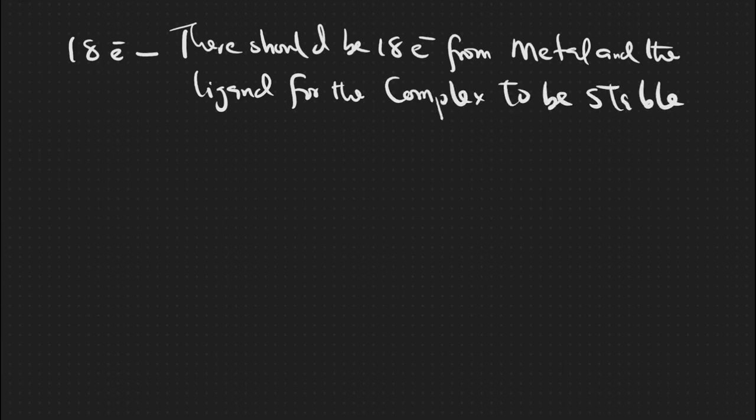So in order for the complex to be stable, there should be 18 valence electrons, which come from the d orbitals plus those electrons donated by the ligands. And on the other hand, the effective atomic number rule describes that the atom has to obtain the electronic configuration of the noble gas present in the same period, right? So effective.